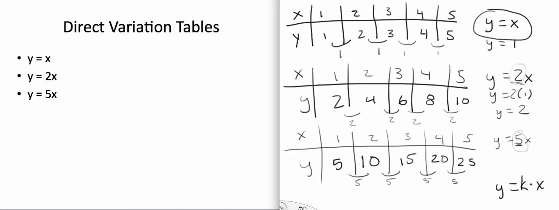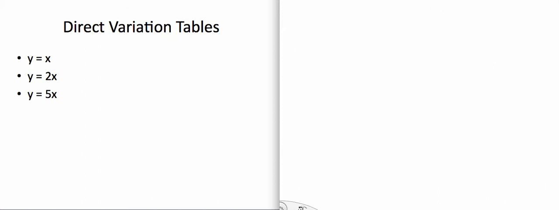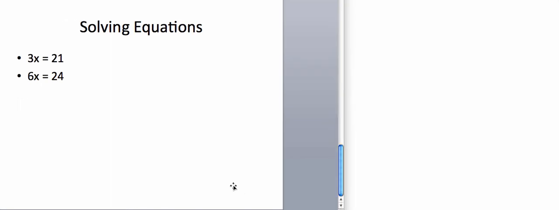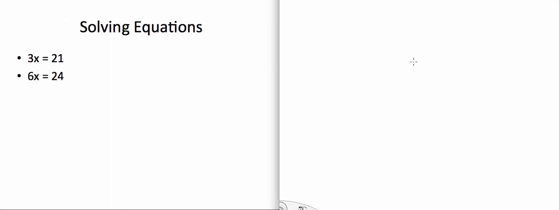Now the last aspect that we're going to talk about is solving equations. We've got 3x is equal to 21. This is the same as y is equal to 3x.